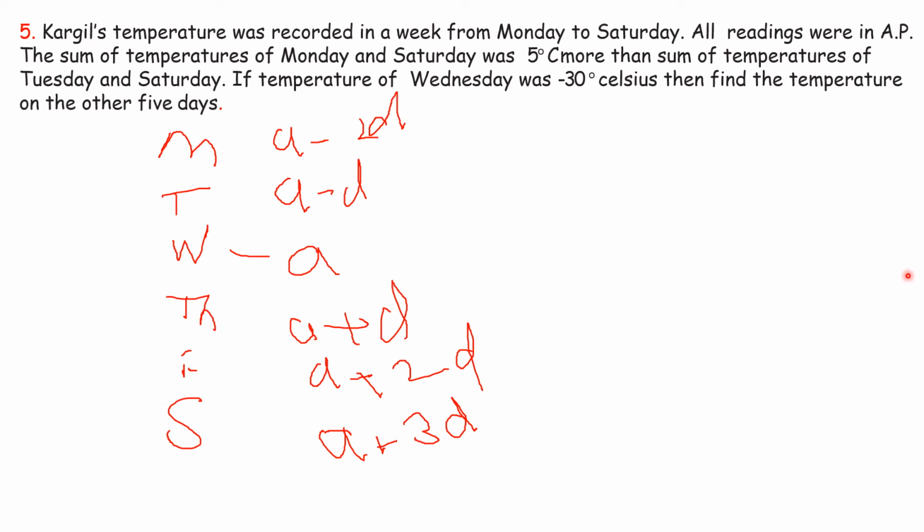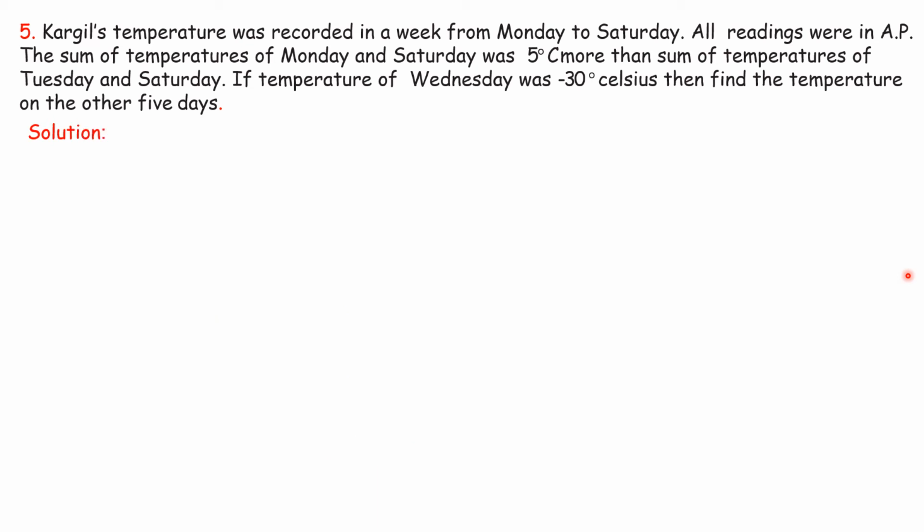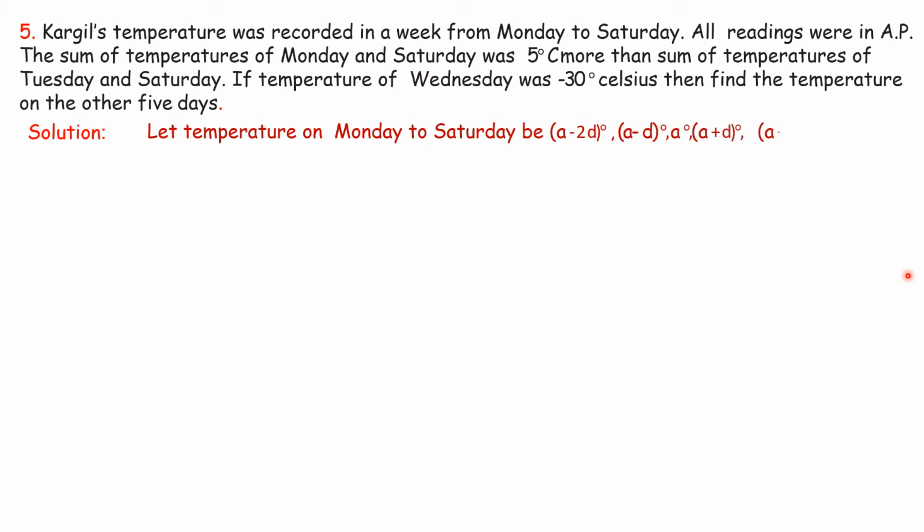So write down the solution. Let the temperature on Monday to Saturday be a minus 2d, a minus d, a, a plus d, a plus 2d and a plus 3d degrees Celsius.